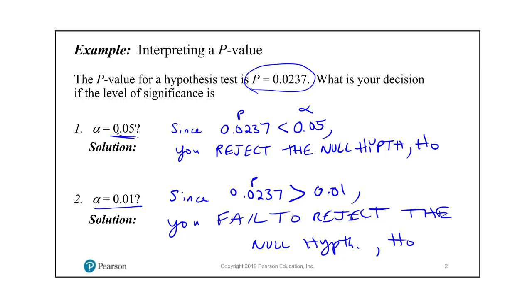Okay, in that case, your p-value was bigger than your significance level, which means that there really isn't something from this sample showing you that there's any reason to reject the null hypothesis.